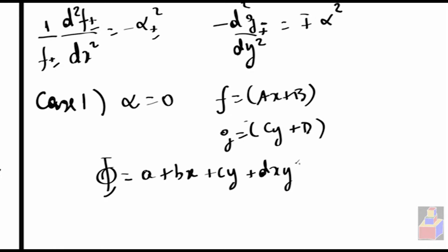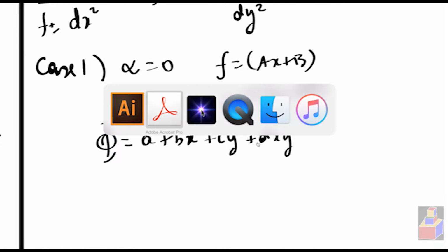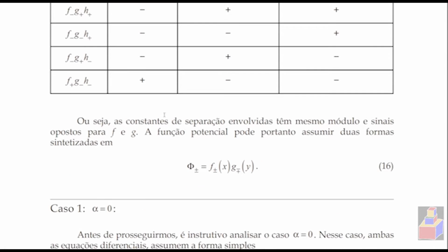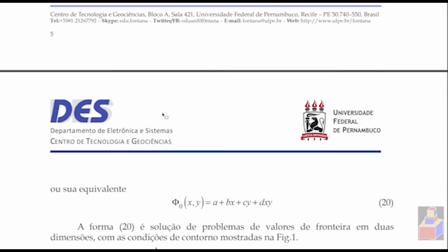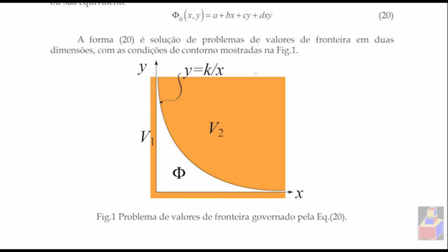We are going to work this in the problem sets at the end of this lesson, but this solves problems of this type here. I'm going to show you this type of problem. So we have a region which is bound by a constant potential.